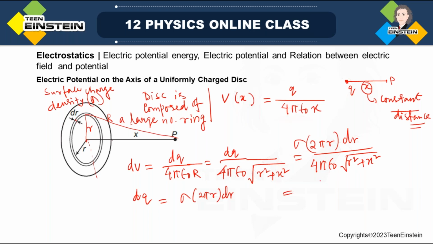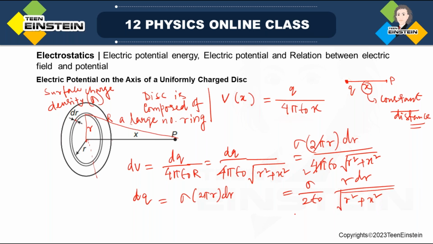The sigma and 2 pi can get cancelled, so we get sigma by 2 epsilon naught, and here it was r dr divided by the square root of r square plus x square.